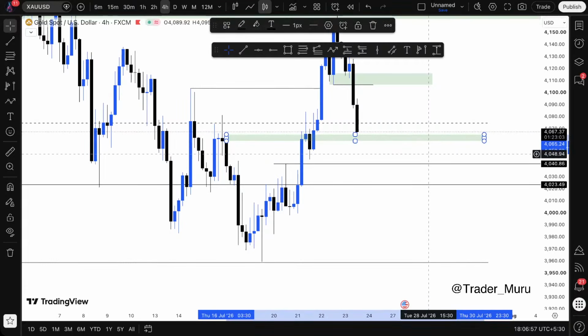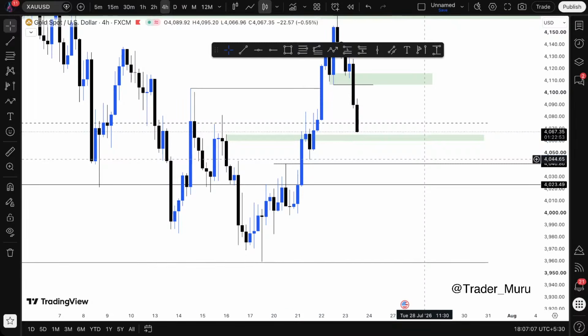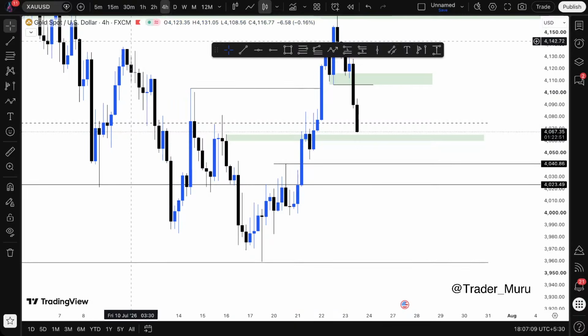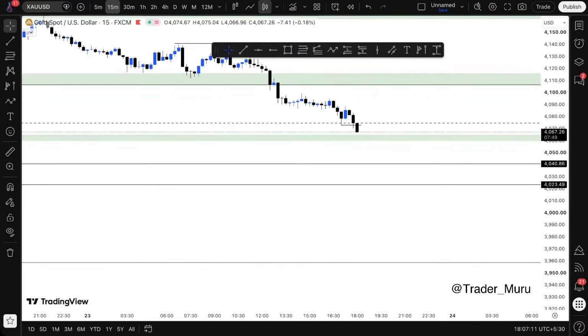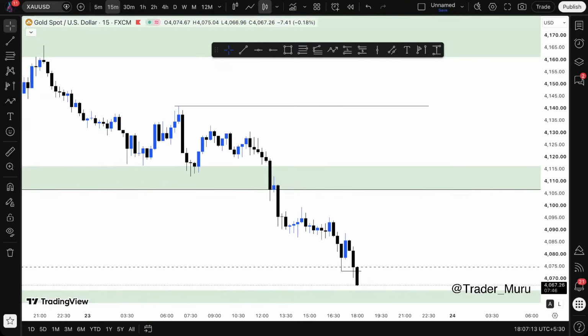If you want to buy here on the first test, make sure to have stop loss at least below this low, but it can be sweep.